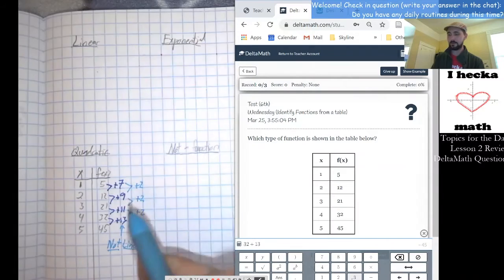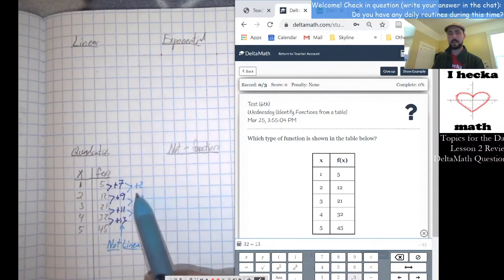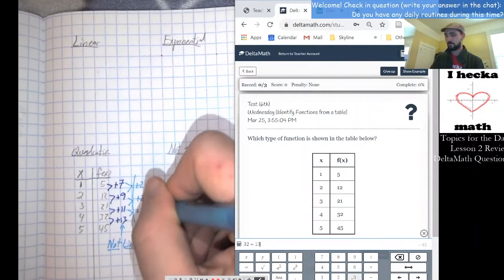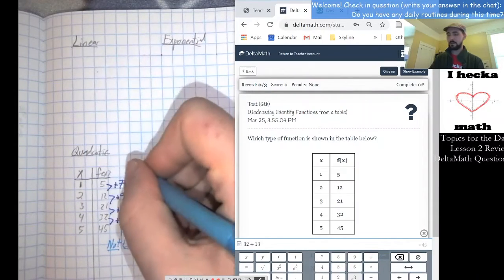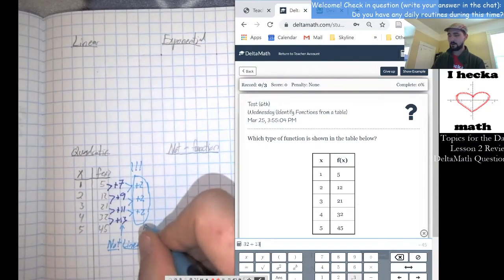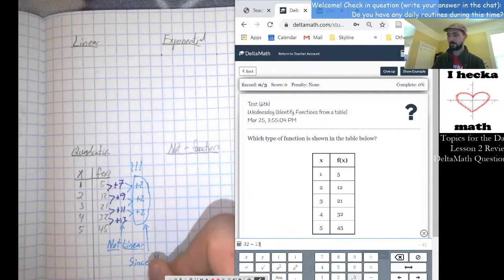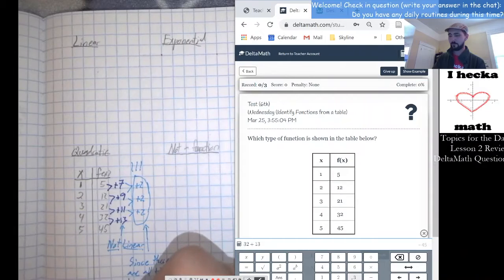This pattern, the fact that these numbers are a consistent distance apart from each other, is a good thing. This tells us that the values here are quadratic. Since these are all plus 2, this is quadratic.